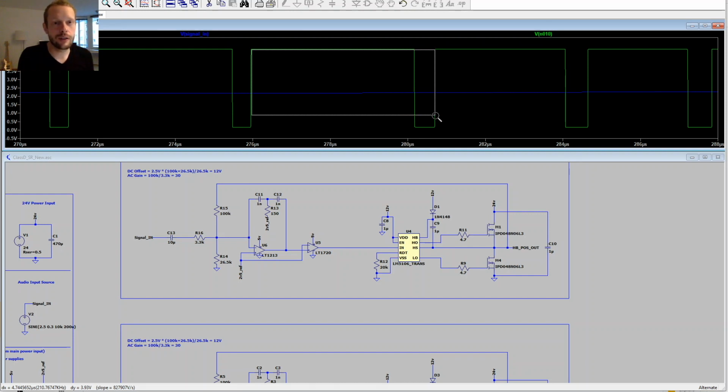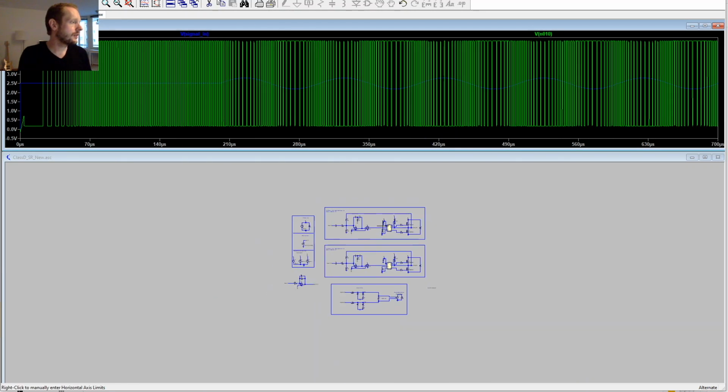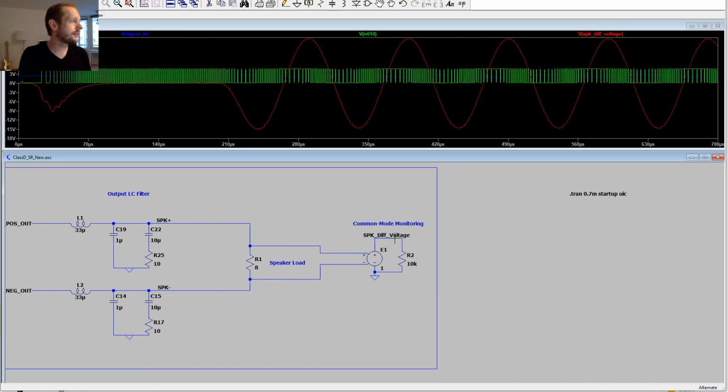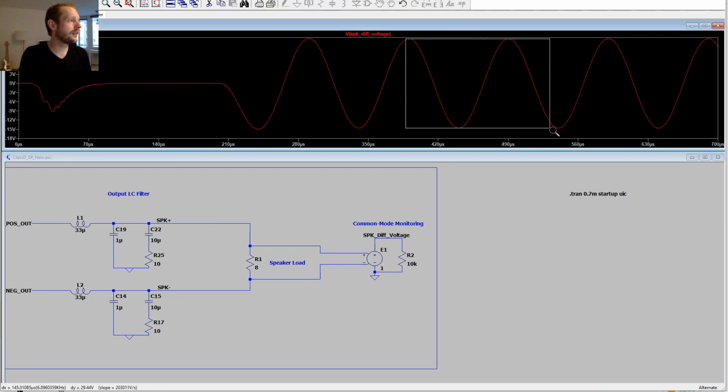So the frequency is really not fixed at all. And here we can see once again the output at the difference voltage point. This is our amplified signal, which is now 30 volts peak, and this is exactly the gain of 30 we have adjusted.